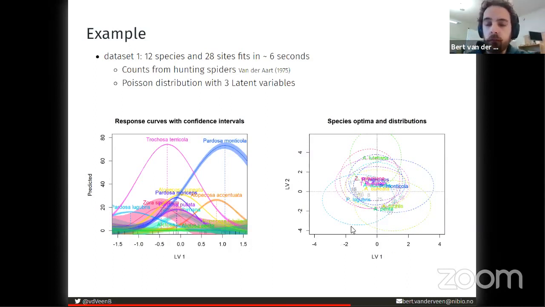Then in 2 dimensions, where you still have the first latent variable on the x-axis and the second on the y-axis, you can visualize the species optima here by the species names. And then we can use the tolerances from the quadratic term to create these species distributions in latent space. And you can, of course, think about what it means when these things overlap or not.